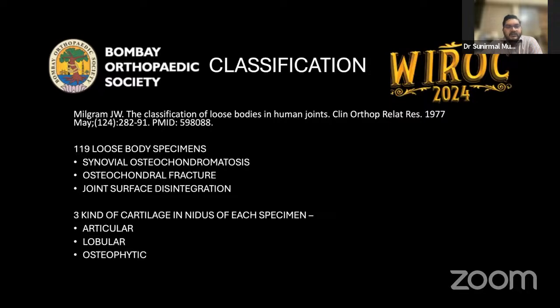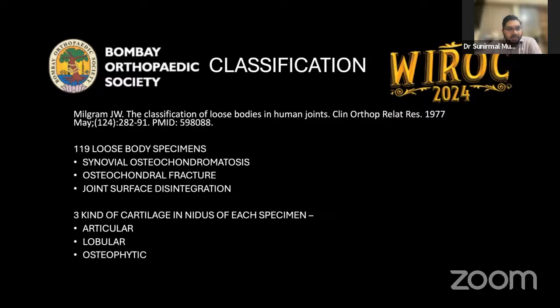On histologic examination, he found that there were three different kinds of cartilage in the nidus of each specimen. It was either articular cartilage, which is hyaline cartilage, or lobular cartilage. Lobular cartilage, I read, is basically cartilage covered by perichondrium, which is a different kind of cartilage, normally seen in synovial chondromatosis, and in a normal human being it is visible in the nasal septum.